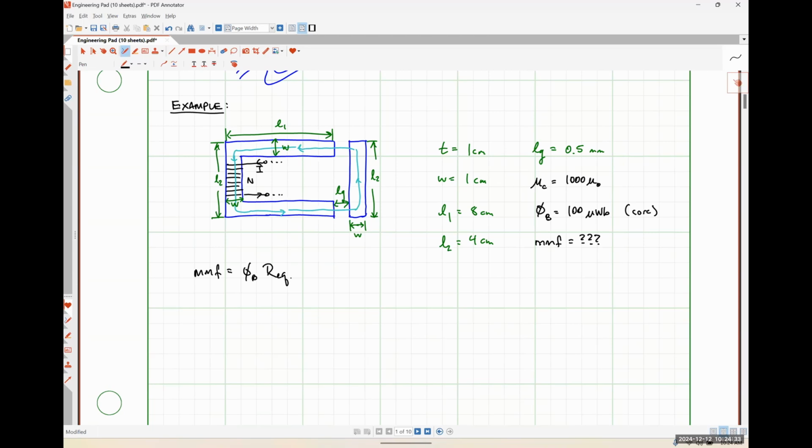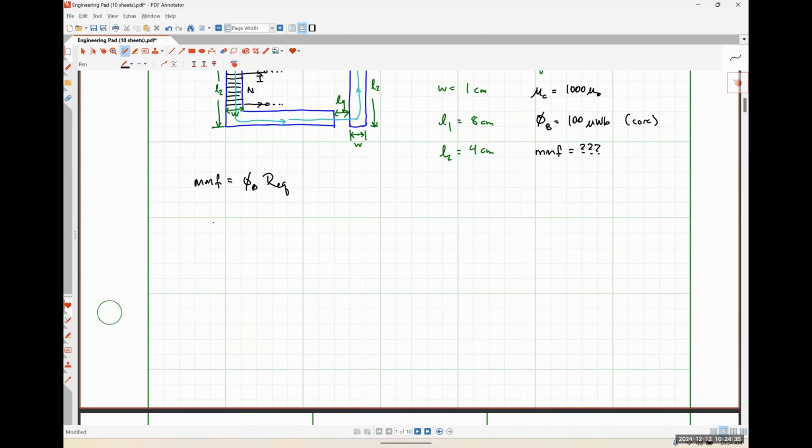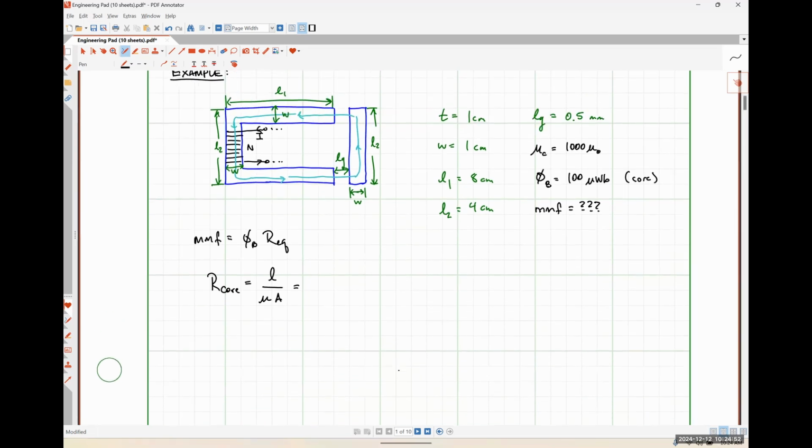So let's start with the core. Remember that our general expression for reluctance is L over mu A, where L is the average length of the flux path as it travels through the core. So what do you guys think that would be?